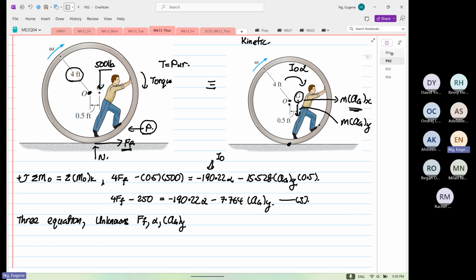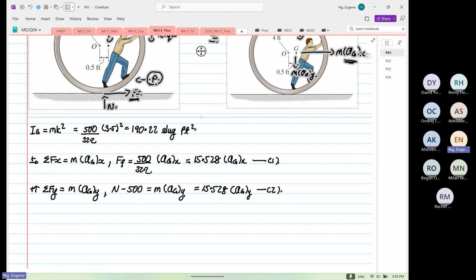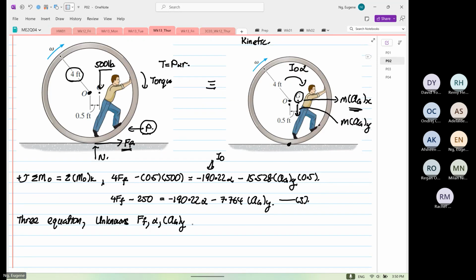If it's 3 unknowns, hallelujah. But no, we also don't know what our N is. Unfortunately, for N, we cannot use this expression over here. So we need to form another equation.